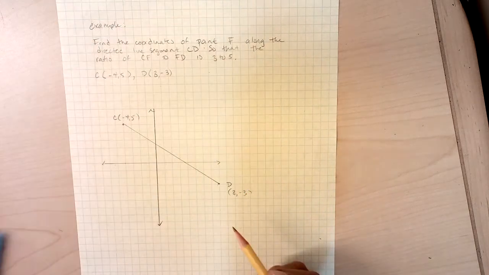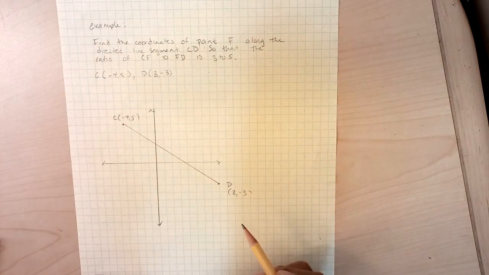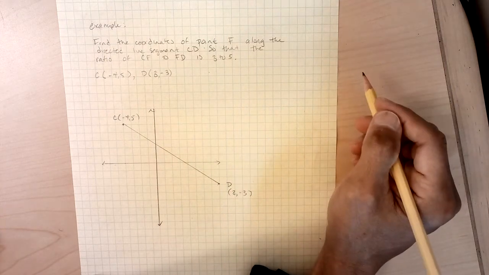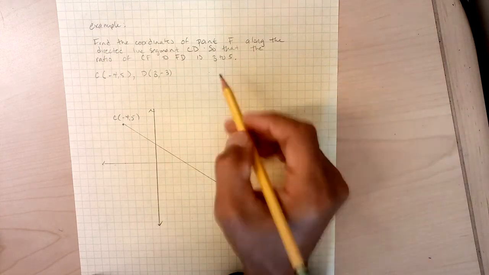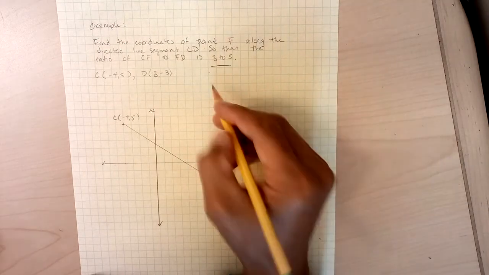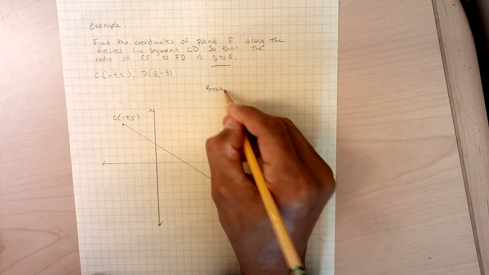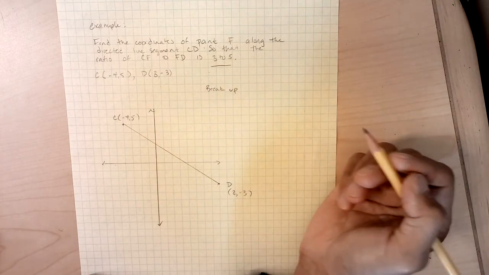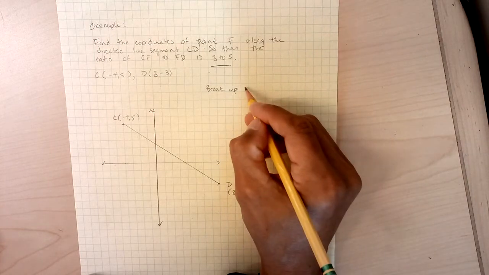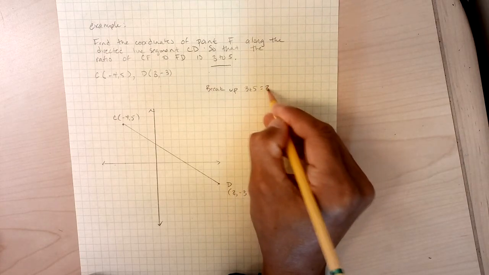But the first thing I need to do is break up the segment CD. And then I'm going to break it up into 8 somewhat congruent parts. The reason why it's 8 is that the ratio has to be 3 to 5. So you can always break it up into, if the ratio is like A to B, A plus B parts. So in this case, 3 plus 5, 8 parts.